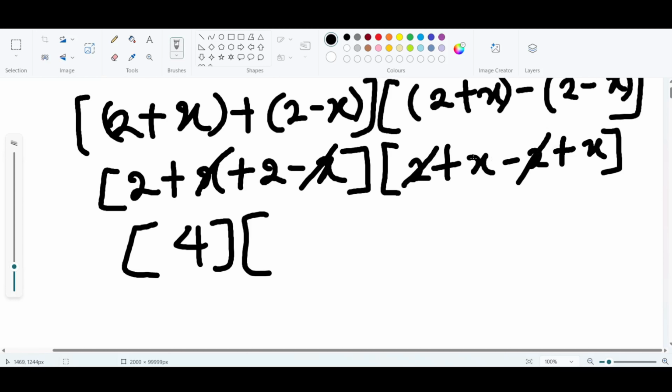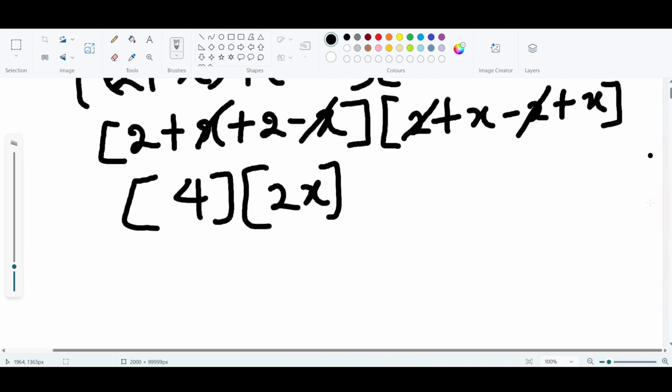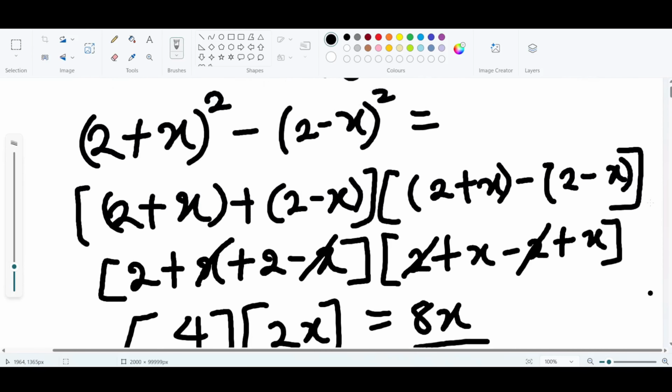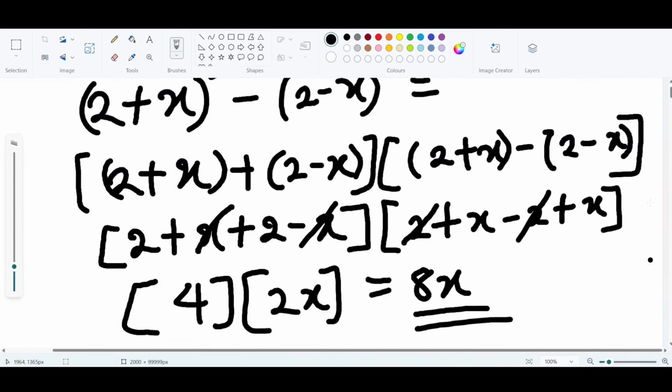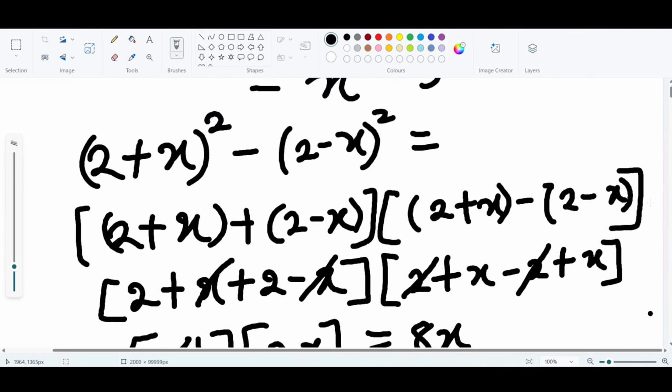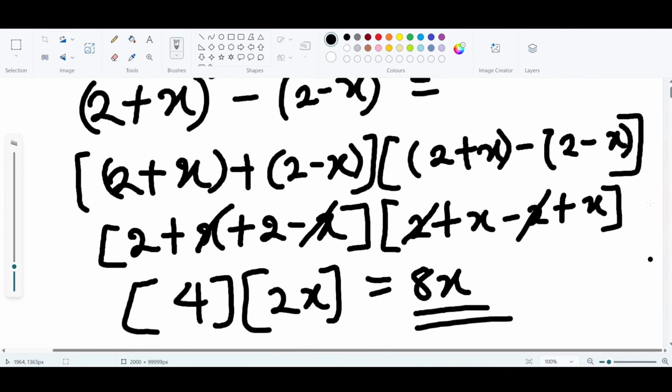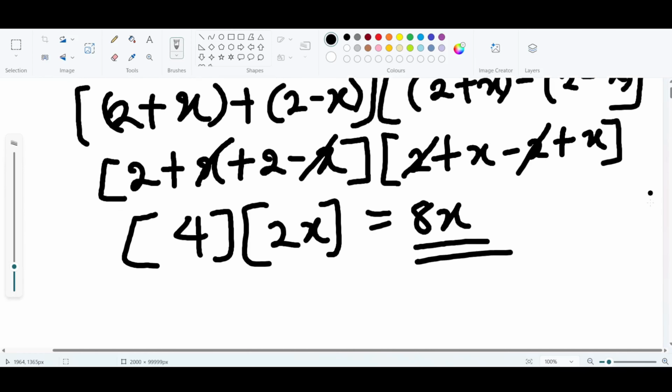So we are left with x plus x, that's 2x. So 4 times 2x eventually is going to be 8x. This is going to be the final answer. So you can see we are using difference of two squares to simplify this. This is what we call difference of two squares.